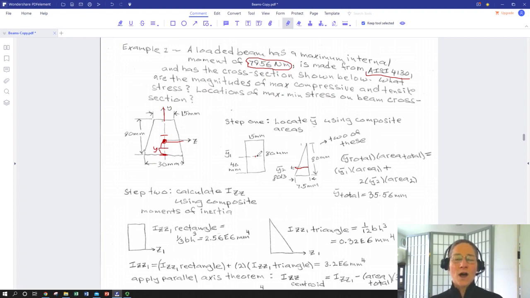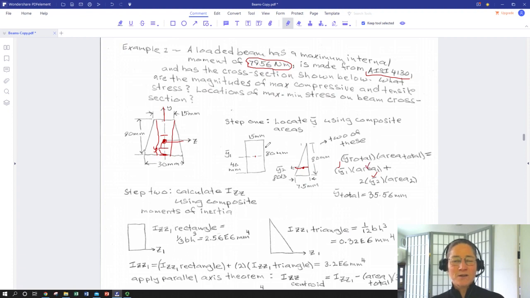So our y1 bar, our centroid location of the rectangle times the rectangle area is area 1, plus 2 times the y centroid location of the triangle times the triangle area. We've got two triangles kind of flanking the rectangle. Cut it there. Those are supposed to be vertical. So we add that up, and we can calculate these two kind of by observation.